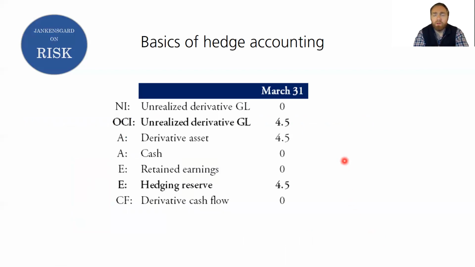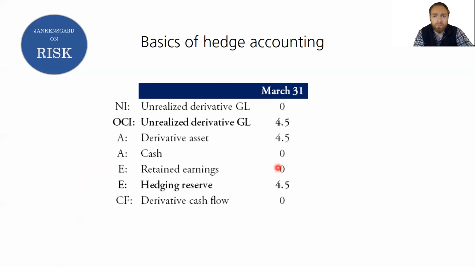So now that you're applying hedge accounting, you're actually allowed to show it on a different set of lines. This unrealized derivative gain or loss goes into here. So net income is now clean, free of these derivative fair value gains and losses.